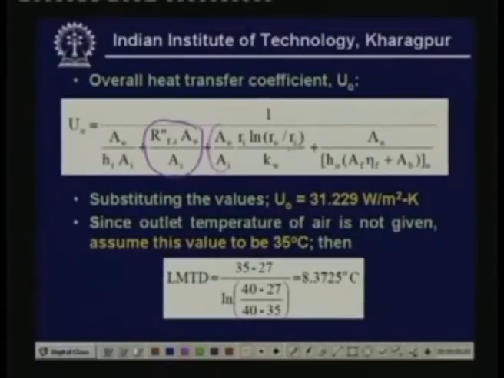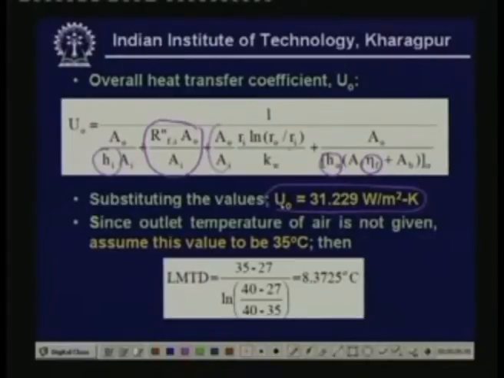Ri and R naught are the inner and outer radii of the tubes, and eta f is the fin efficiency which is known to us, h naught is the external heat transfer coefficient, hi is the internal heat transfer coefficient. We have already computed all these things. So if you substitute those values, you find that overall heat transfer coefficient is 31.229 watt per meter square Kelvin.